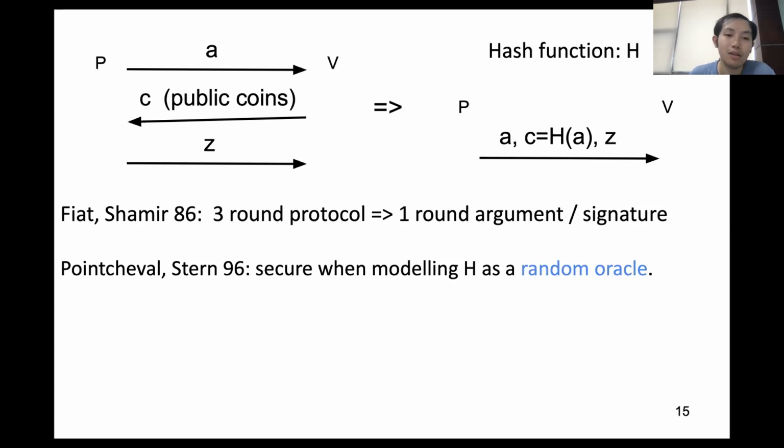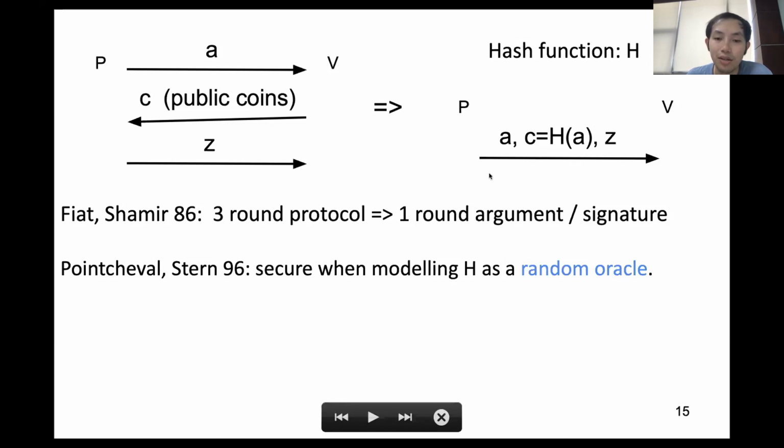And in 1996, Pointcheval and Stern proved that if you model H as a random oracle, then this idea is secure. And in fact, this means for Fiat-Shamir applying on any interactive protocol, the resulting protocol is secure.